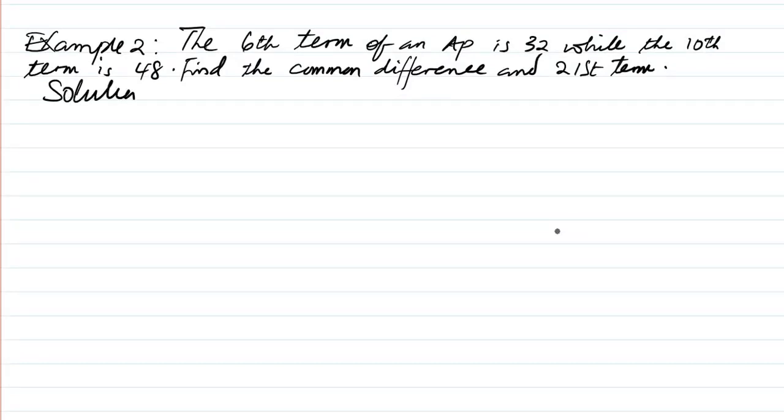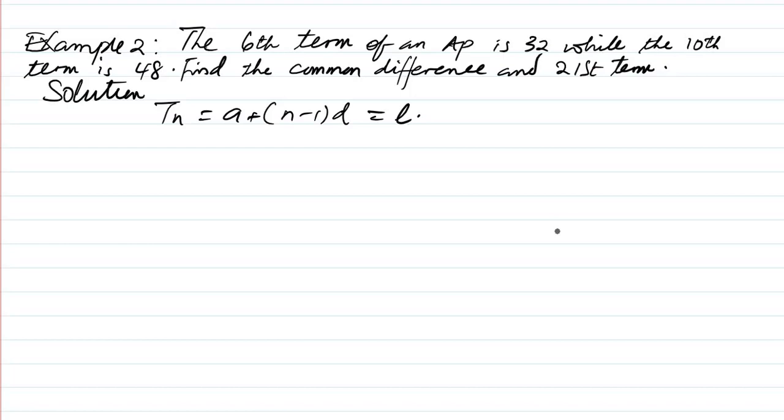Solution. We have that Tn is equal to a plus bracket n minus 1 times d.